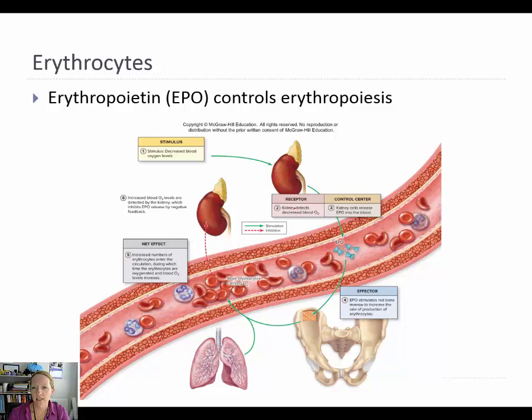It's a smart kind of mechanism to go in and see how many red blood cells we have in the body, but if you have a lung disorder, that can be a big problem, because most of the time you have enough red blood cells, you just have issues with the amount of oxygen that's on your red blood cells. So sometimes it can give the wrong impression to the body, saying, hey, we need more red blood cells. But it's just your body's way of trying to make sure that it has plenty of oxygen, right?